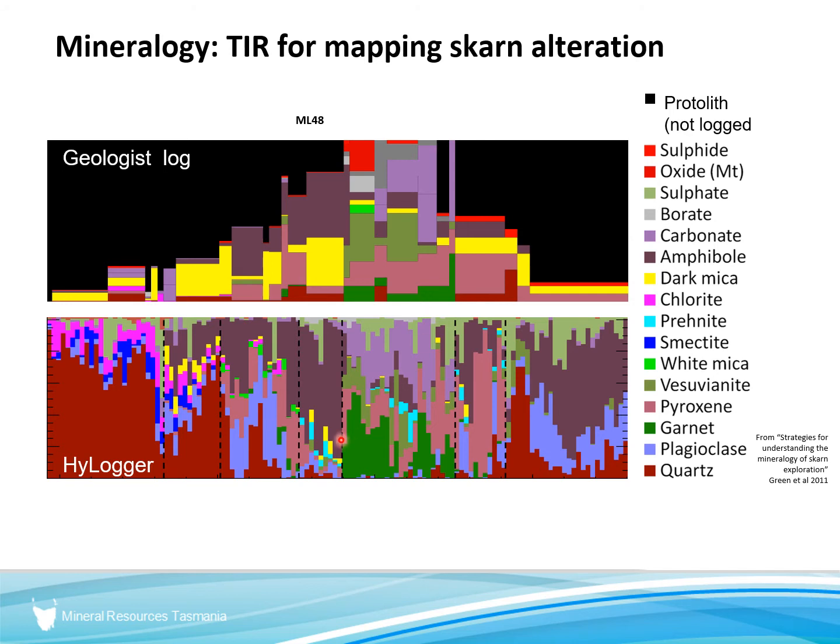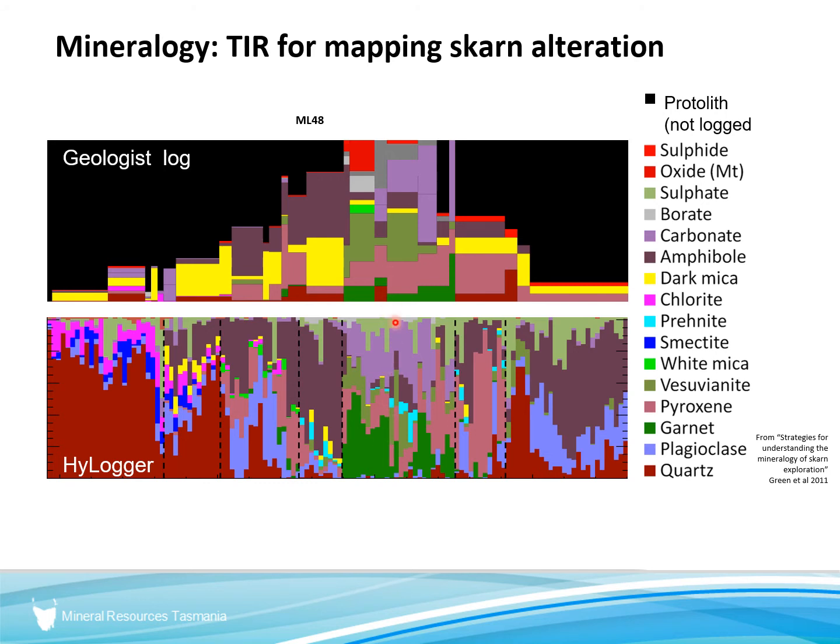The HyLogger gives a more complete result. So all the areas that were the protolith, which is, as you can see, dominated by plagioclase and brown, are now mapped in, and details of the relationships of the relative proportions in the skarn can be revealed. So the resolution is much greater. In fact, we can go for as high a spatial resolution as we like.